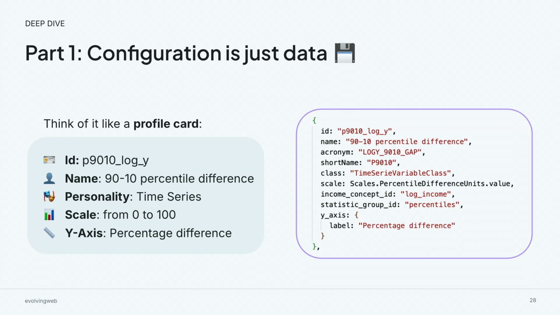We have its name, short name, and then we have what we can call its personality, which is in our config file, the class. So that's the class this statistics is going to use to be instantiated and rendered later in the application, and that's going to help us render the UI.